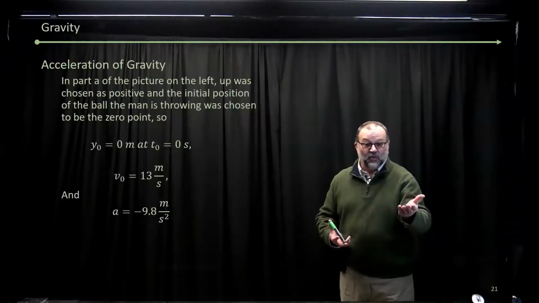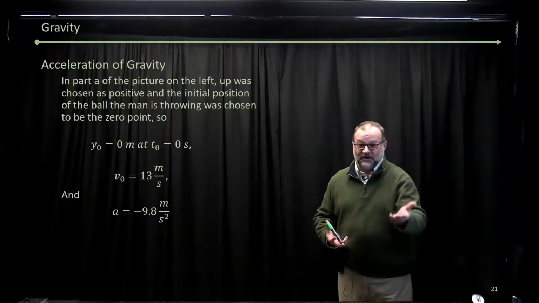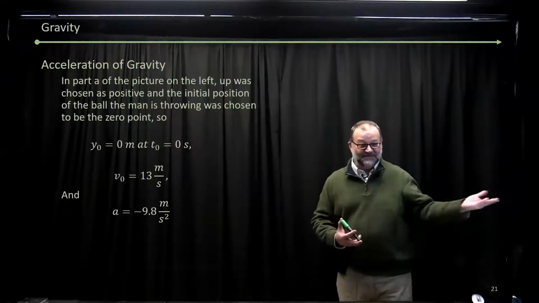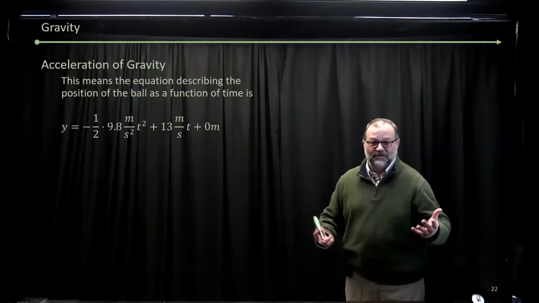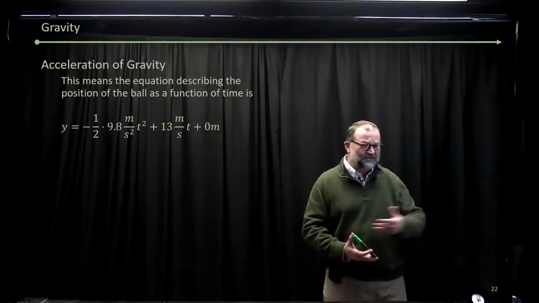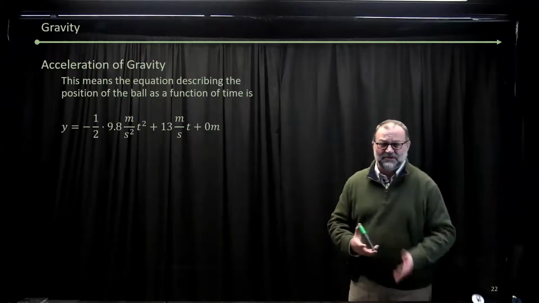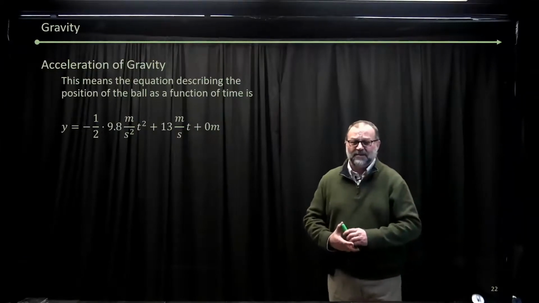Now, the equations for displacement and acceleration are the same in x and y. All we do is change the variable names, because we think of x as horizontal and y as vertical by our math conventions.